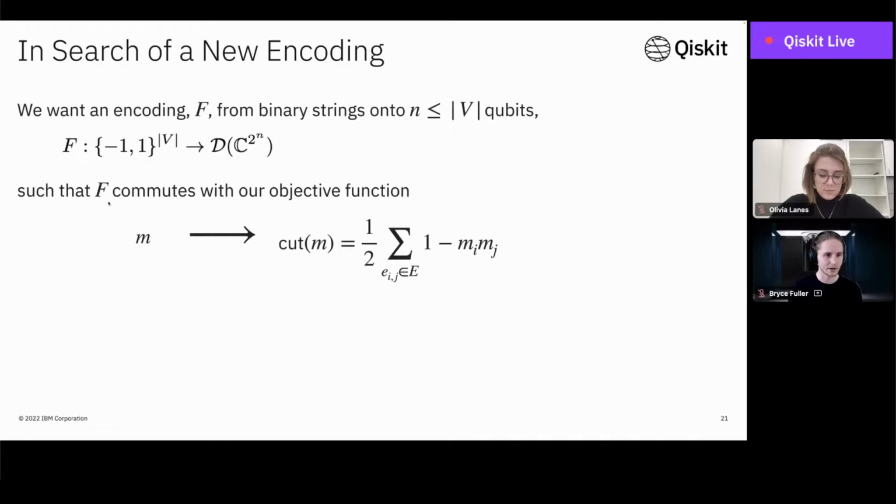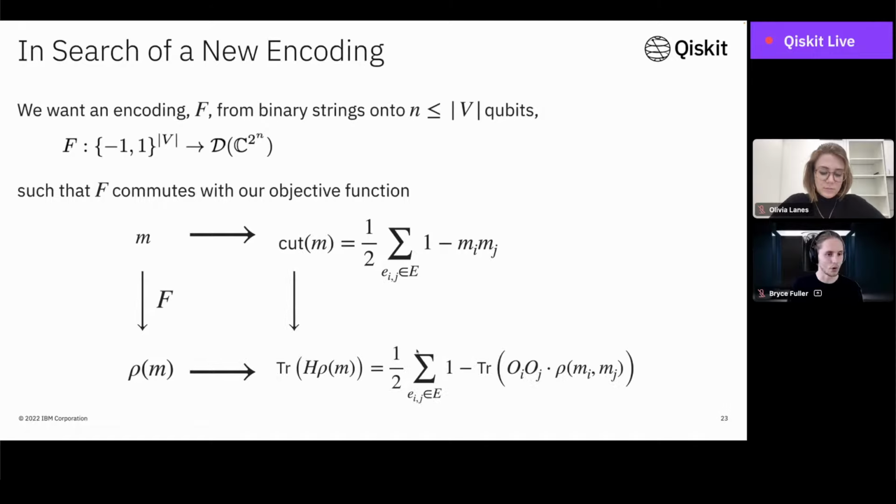But we need to make sure that this embedding commutes with our objective function in the same way it did before. What I mean by this is that if I apply this embedding to get my encoded state, the state that represents my bit string, and I evaluate the corresponding Hamiltonian that represents my objective function, I should get the same answer, right?